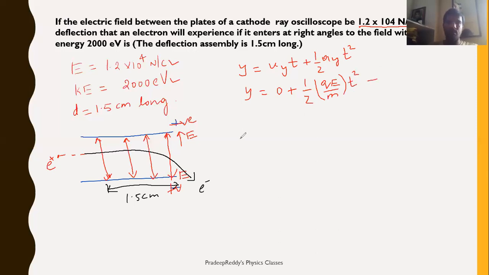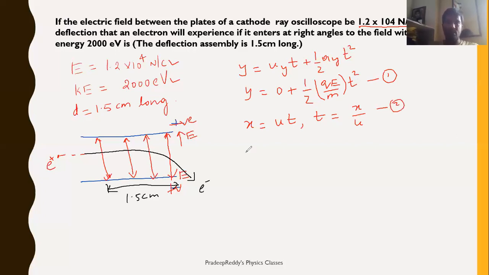Take this as equation number 1. Along x axis, it is u, whose initial velocity is u. It enter with some particular velocity. As it is mentioned, its kinetic energy is non-zero. So x will be equal to u into t. From here I can write t is equal to x divided by u. Take this as equation number 2.